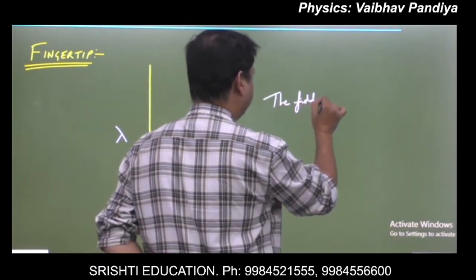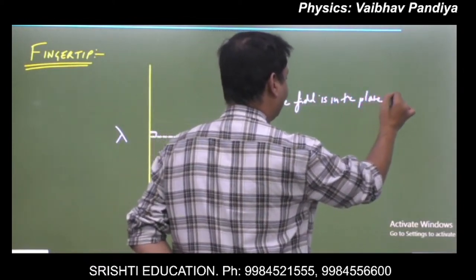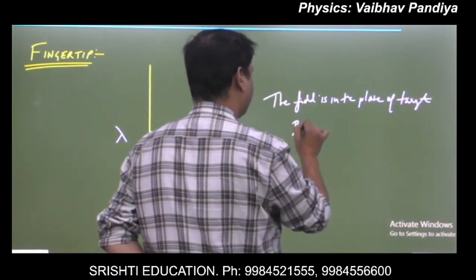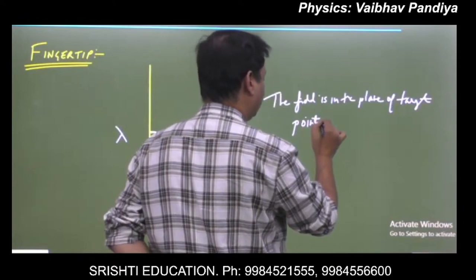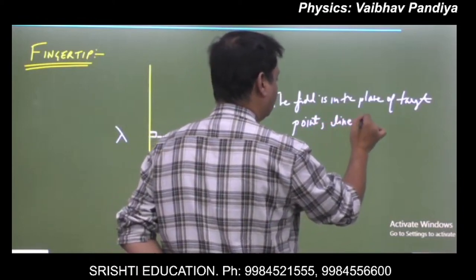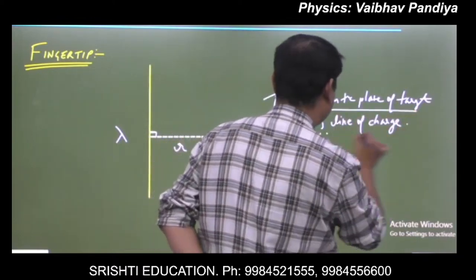The field is in the plane of the target point. Target point means where we are finding the field and the line of charge. In this case, that plane is the plane of this digital board.